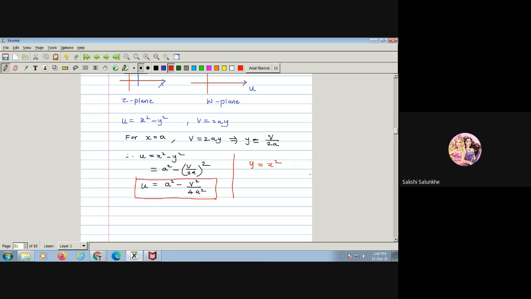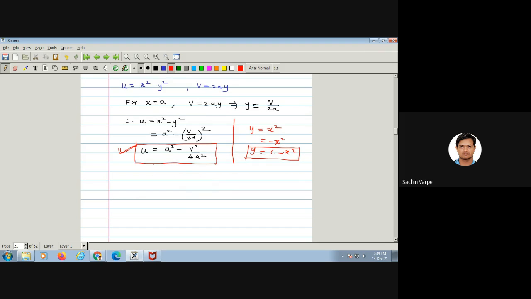Parabola. This is a parabola in the xy plane. y equal to minus x square is an inverted parabola in the xy plane. If I add something to it, like y equal to c minus x square, then that will be a translation of that inverted parabola. So is it not like that in the uv plane? This is very similar to that.